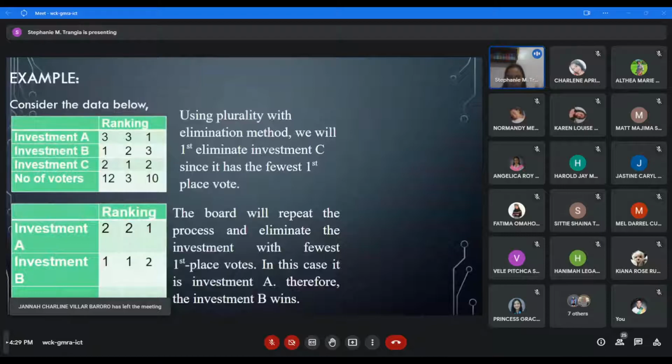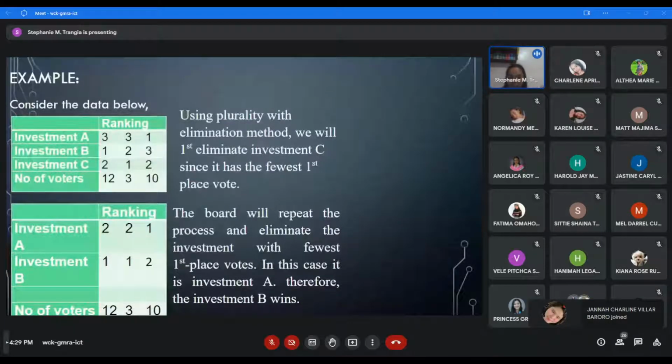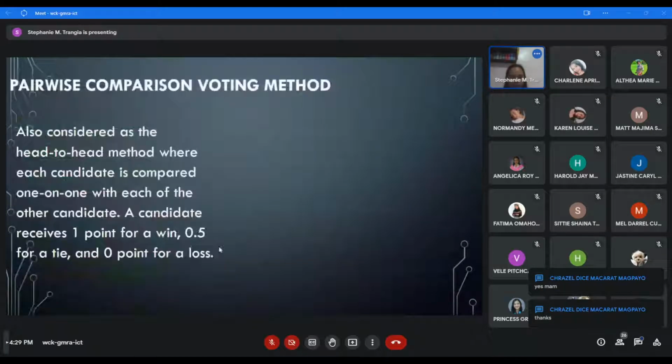So if you are going to add the number of votes nga naka-first place sila, for B you have 12 and 3, so that's 15. For A you have only 10. So in this method, B kira magpayo, nasabtan? Okay. So let's continue.